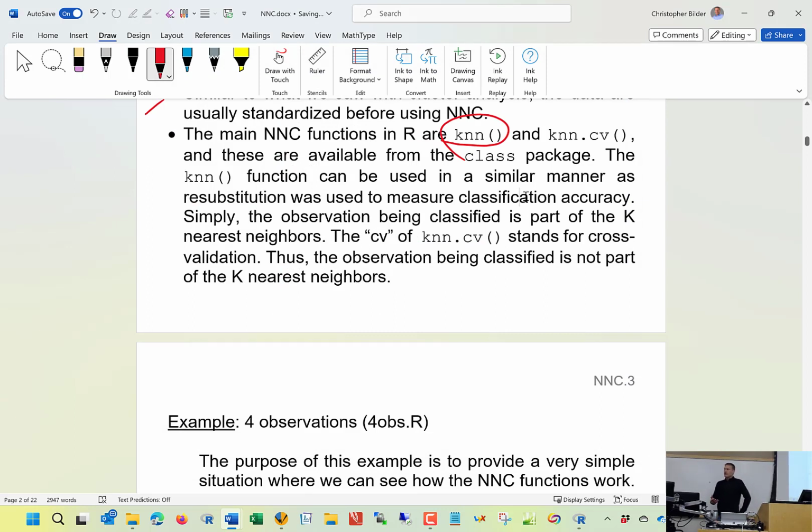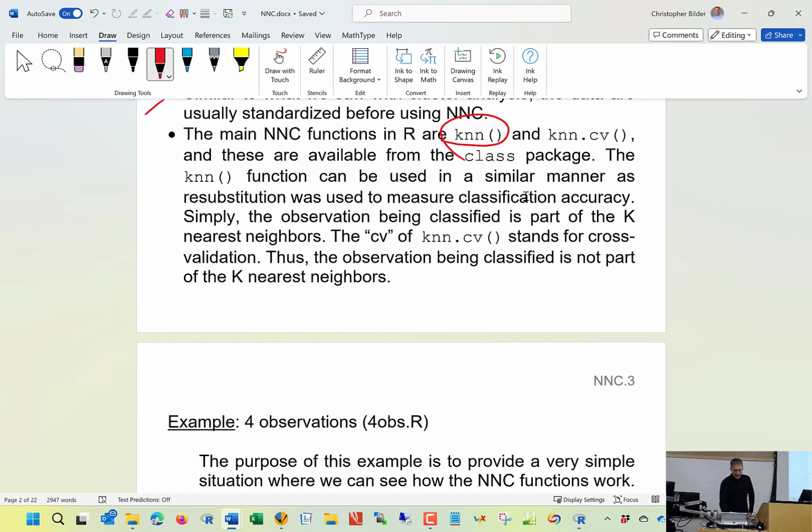These two functions are in a package called class, for classification. This package comes installed into R by default, so you don't need to install it yourself. But whenever you use these functions, you need to first say library(class) to tell R you want to use functions from this package.